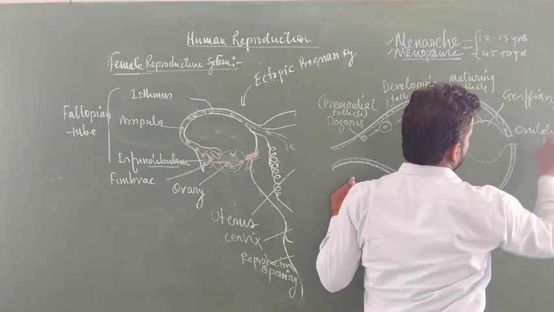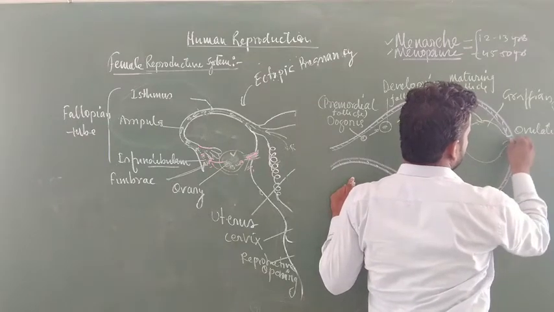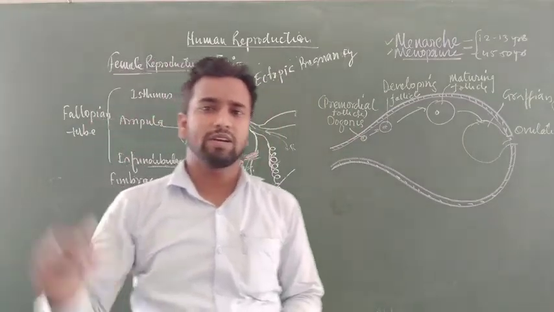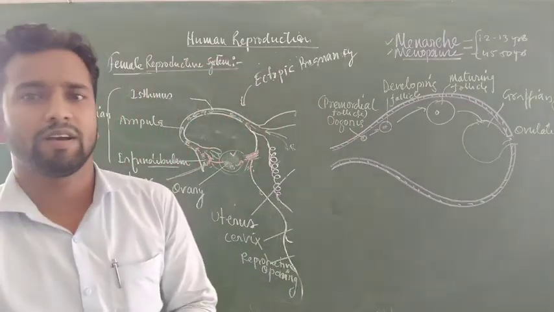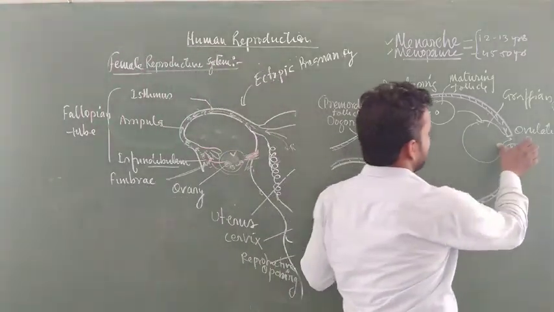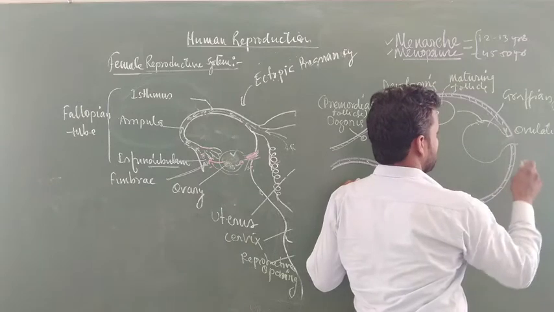When does ovulation occur? It occurs between 12 to 18 days after menstruation. This is the period of ovulation, when the process of ovulation takes place.